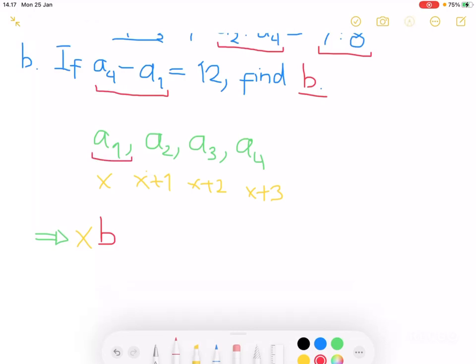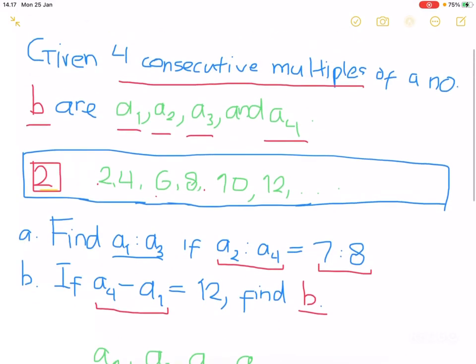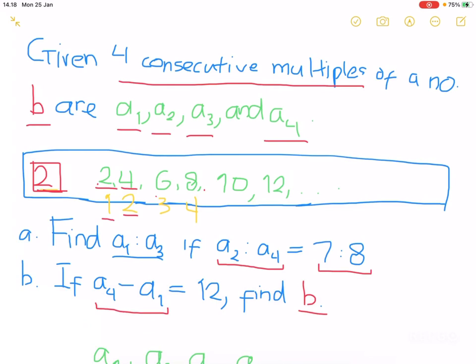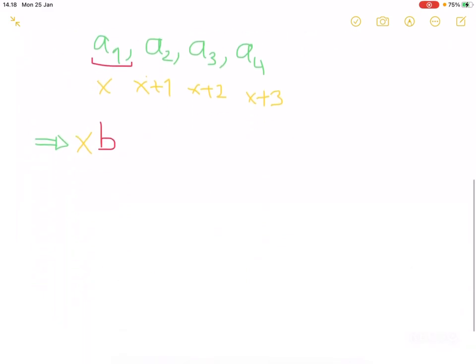Like I showed you earlier with 2: notice the first, second, third, fourth order. If we multiply this by this, we get this, and so on. So a multiple is given by the number you are choosing times the position of the multiple itself, or the order.